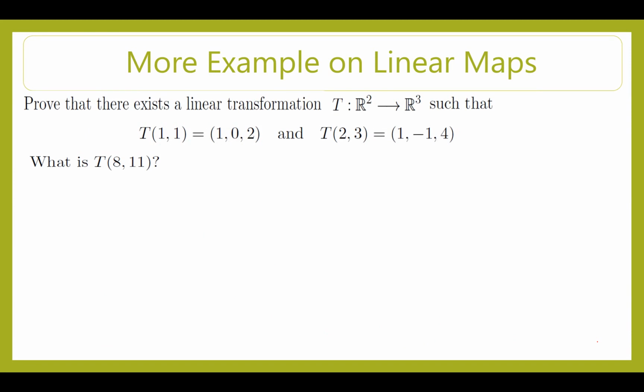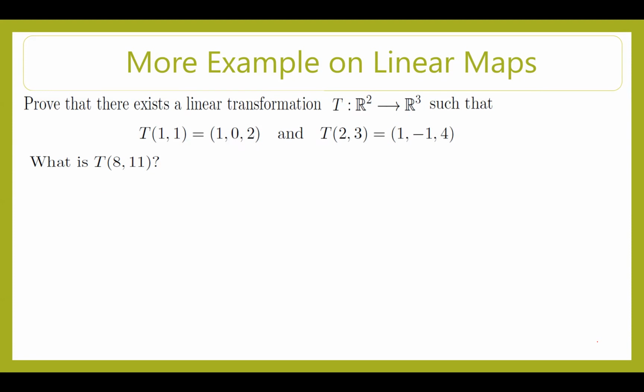These are more examples. Prove that there is a linear transformation T from R2 to R3 such that T applied to (1, 1) is (1, 0, 2), and T applied to (2, 3) is (1, -1, 4). And in fact, we want to know what T of (8, 11) is. Remember that we don't know explicitly what T is. We have no idea.